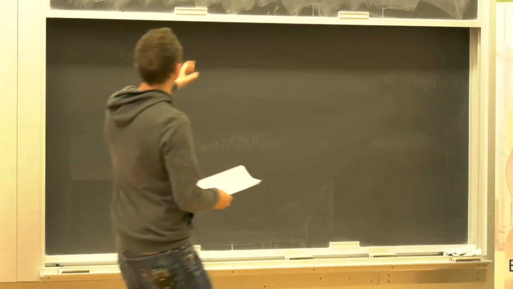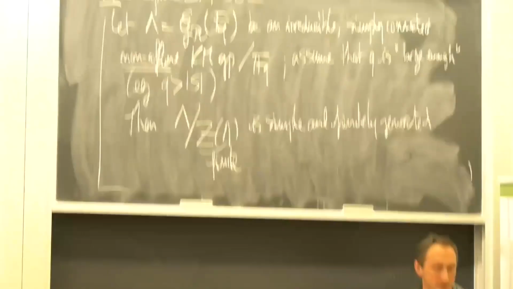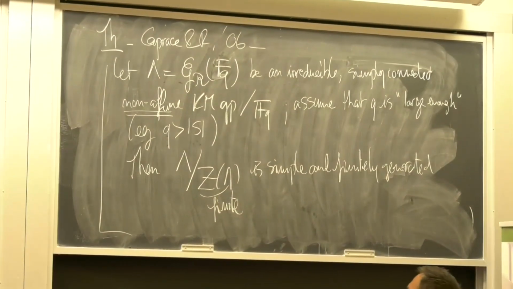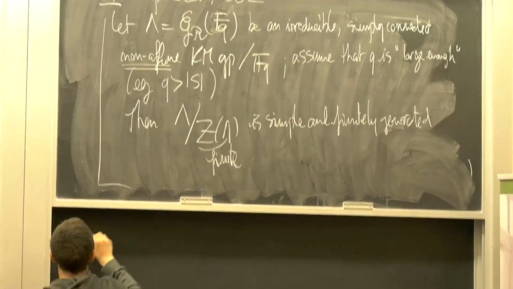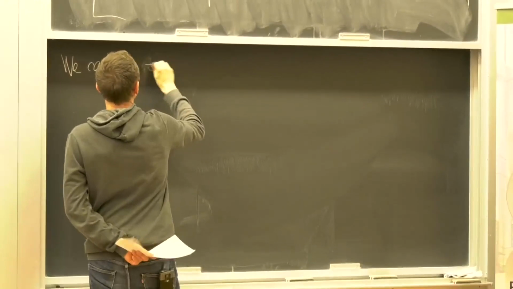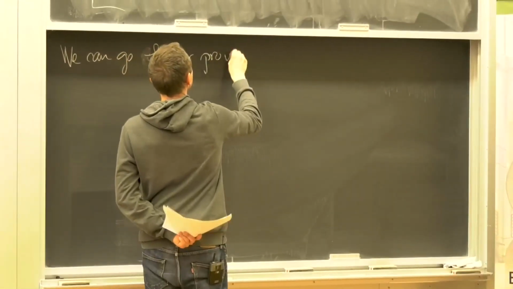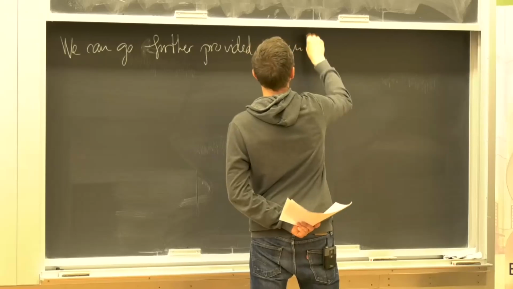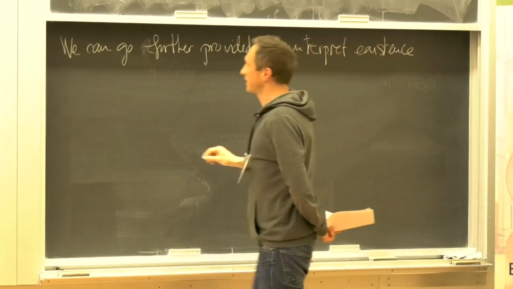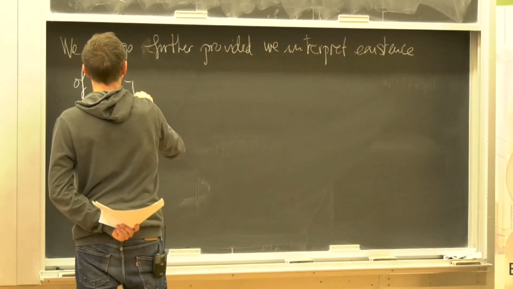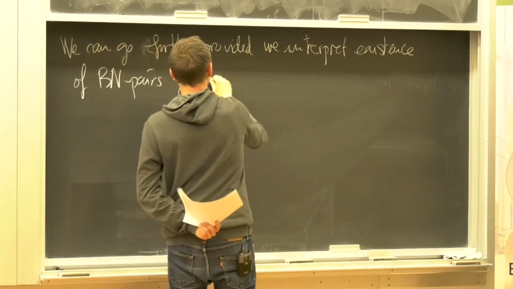So now I have to be a bit more precise. The conclusion of the theorem is still an algebraic statement: it is simplicity for groups. But we can make it more geometric by considering buildings. We can go further, provided we interpret the existence of BN-pairs geometrically.